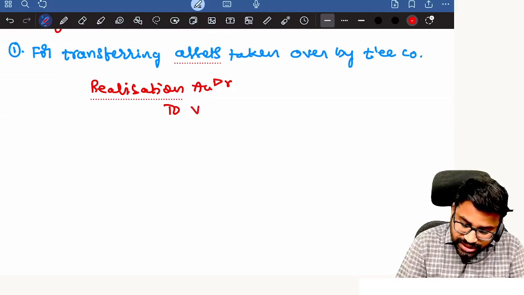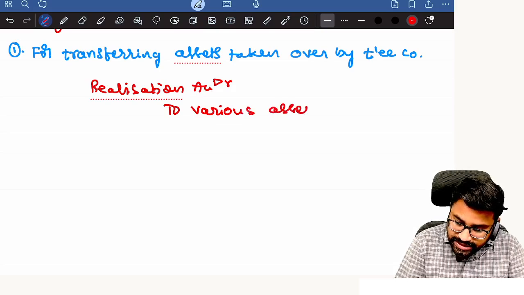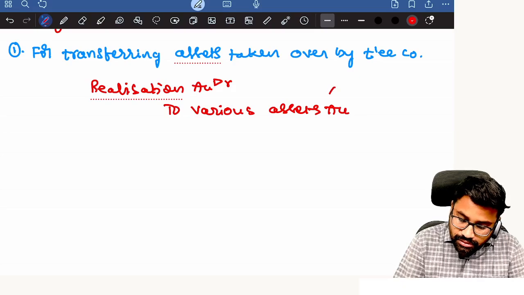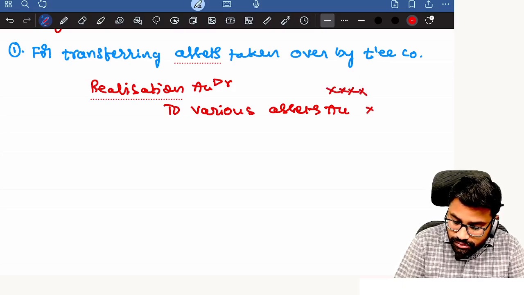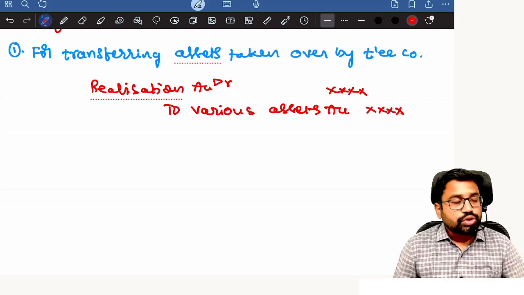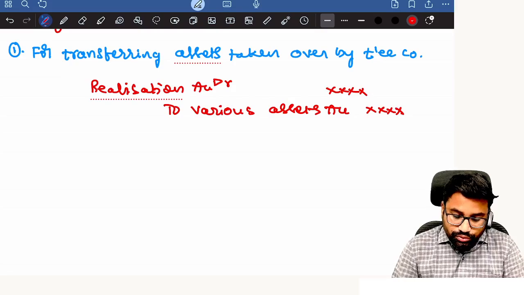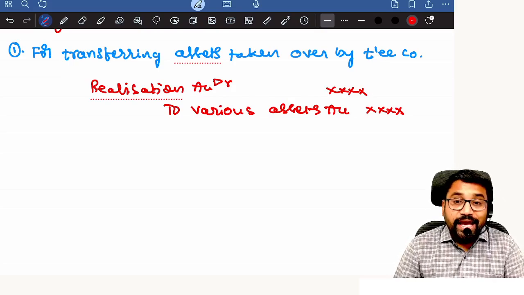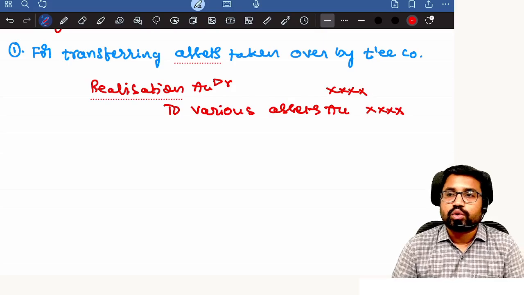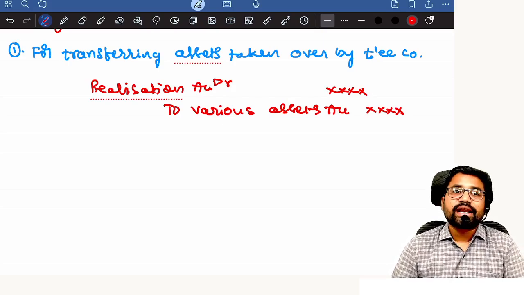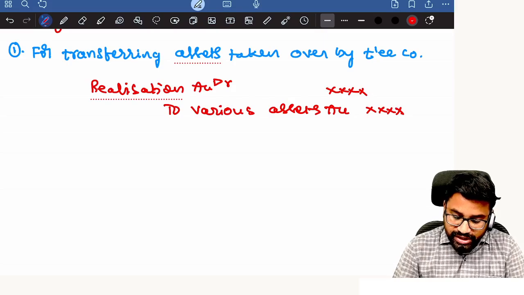So realization account debit to various assets. In transferor company, whatever the assets are there, out of those assets which are taken over by transferee company, first we need to close. The entry is realization account debtor to various assets.